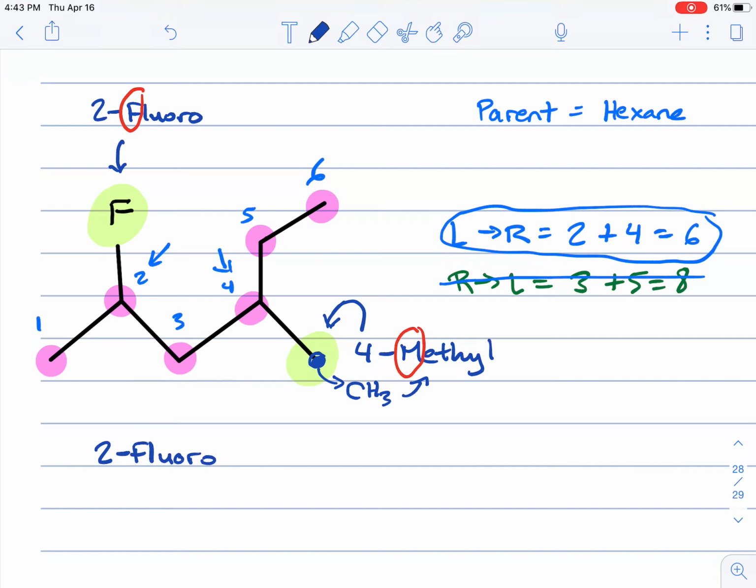And then we're going to put the 4-methyl second. And now, since I've named all my substituents, I'm going to go ahead and add in the parent name, which in this case is going to be hexane.